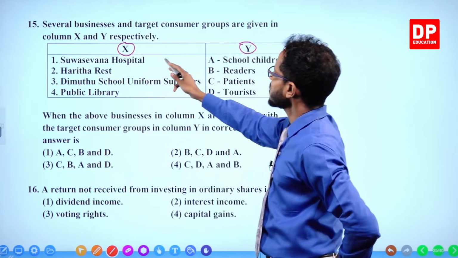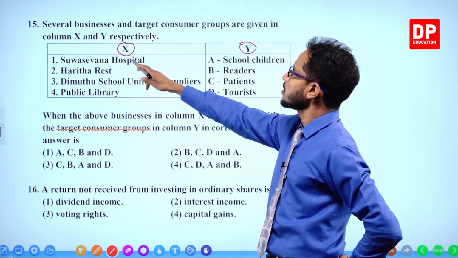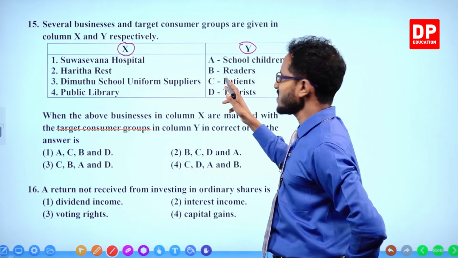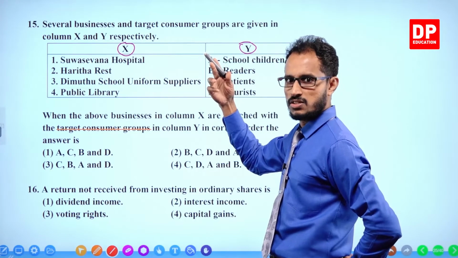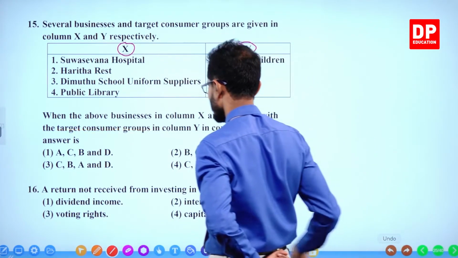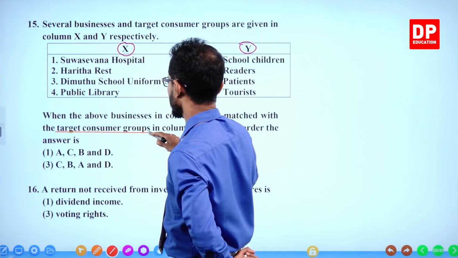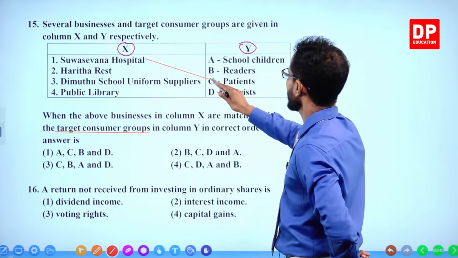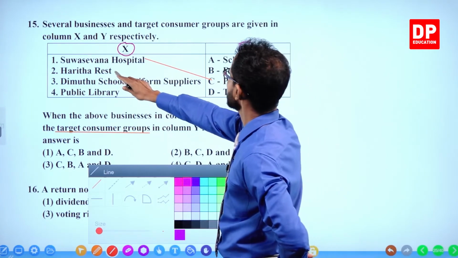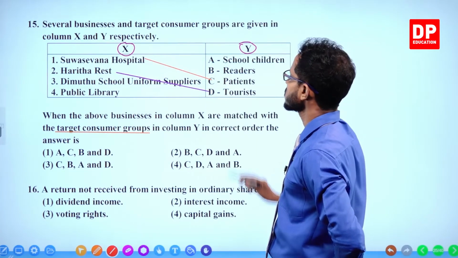Savannah Hospital. What is the target market, the target consumer group? School children? No. Readers? Readers don't go to the hospital to read newspapers. Patients? Yes. Patients. Then Haritha Rest, school children? No. Tourists.